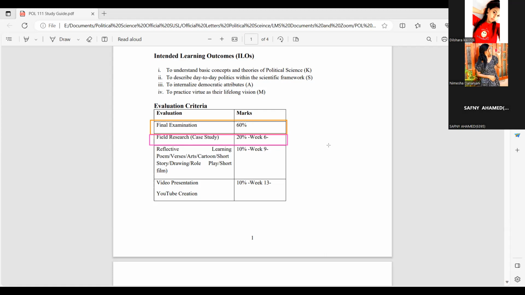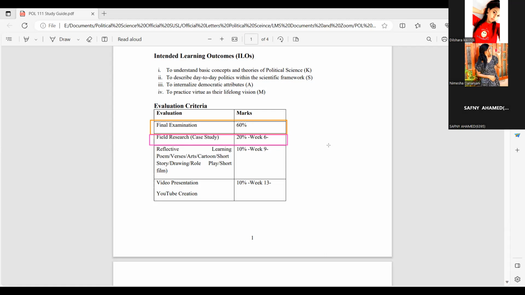Again, you might have different skills. Some of you are very talented at writing poems. Some are experts in writing verses. Some of you might be very talented in writing short stories.